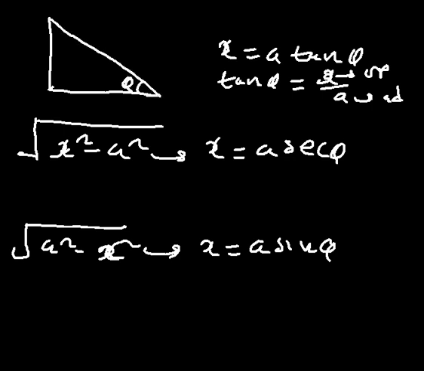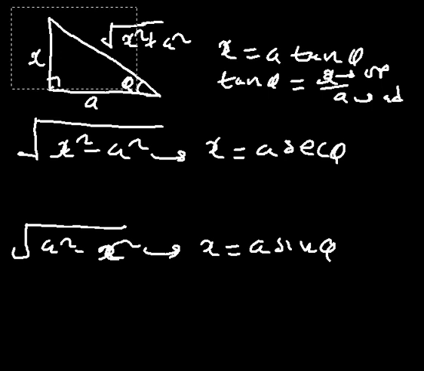Let's say that is the theta that we have at C. The opposite to angle theta is x, according to the information that we have, and the adjacent is a. So using Pythagoras theorem, the hypotenuse is the square root of x squared plus a squared.